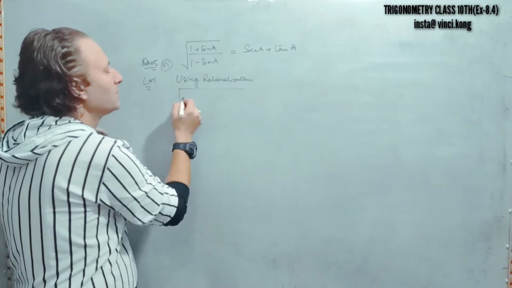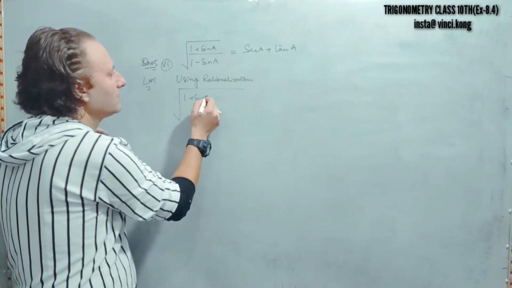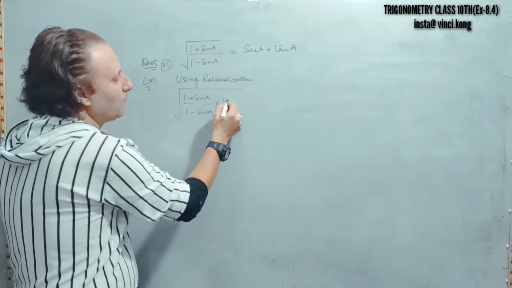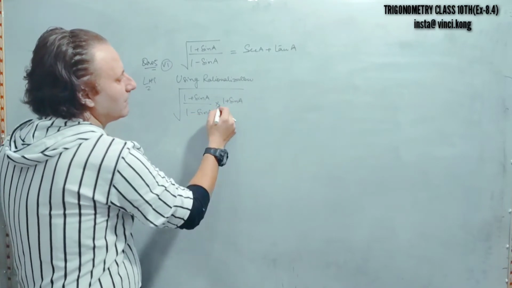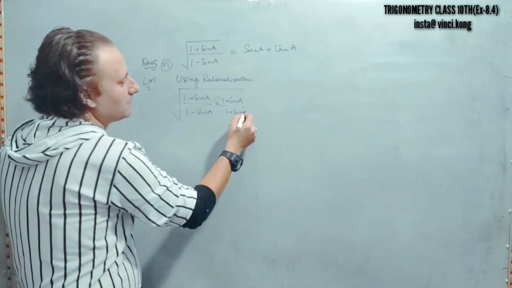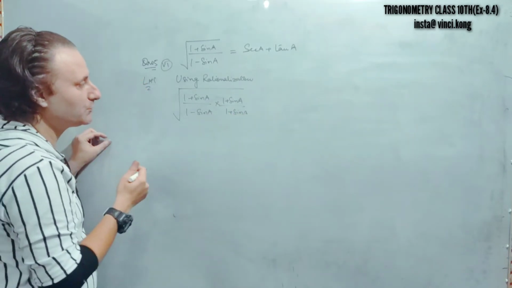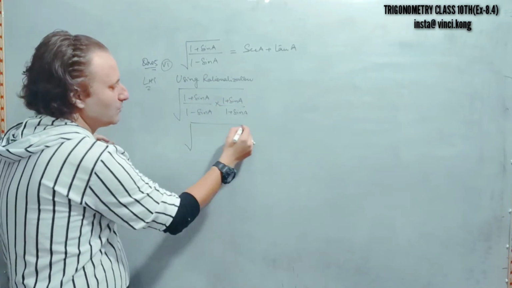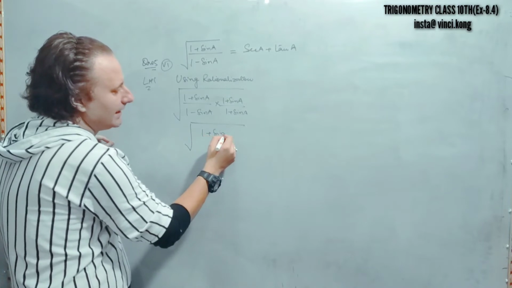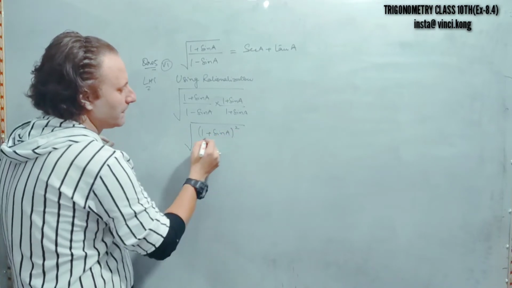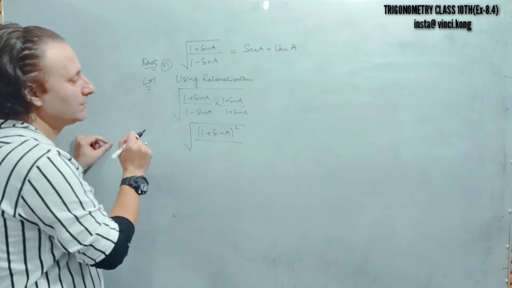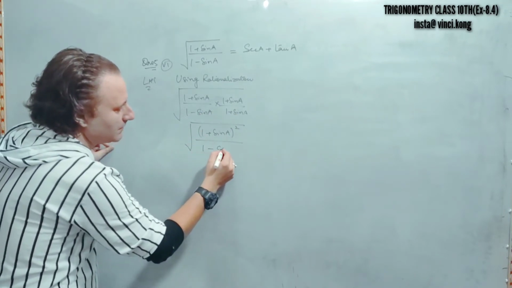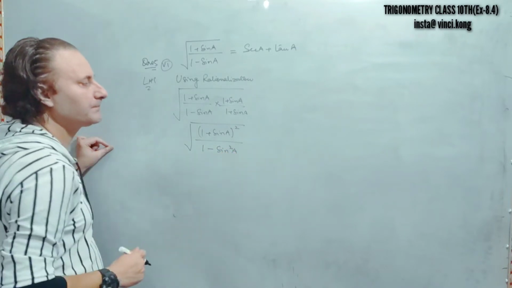Under root 1 plus sine A upon 1 minus sine A multiplied by 1 plus sine A upon 1 plus sine A. So what will that do to me? This is 1 plus sine A, 1 plus sine A. It becomes 1 plus sine A whole square. And there in the denominator I have A minus B, A plus B. That is 1 minus sine square A.